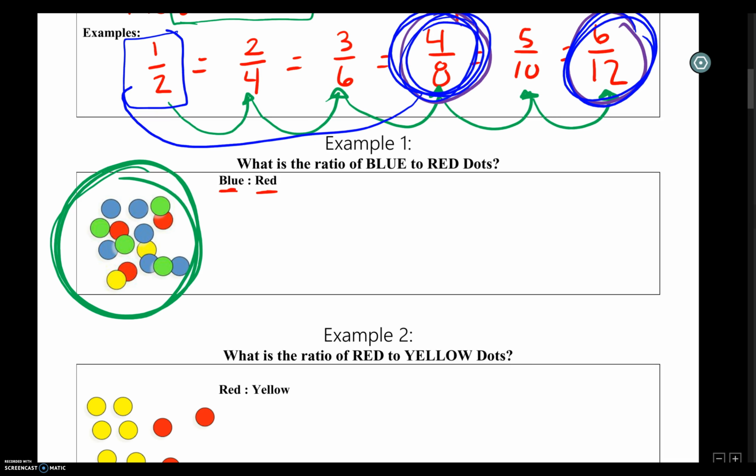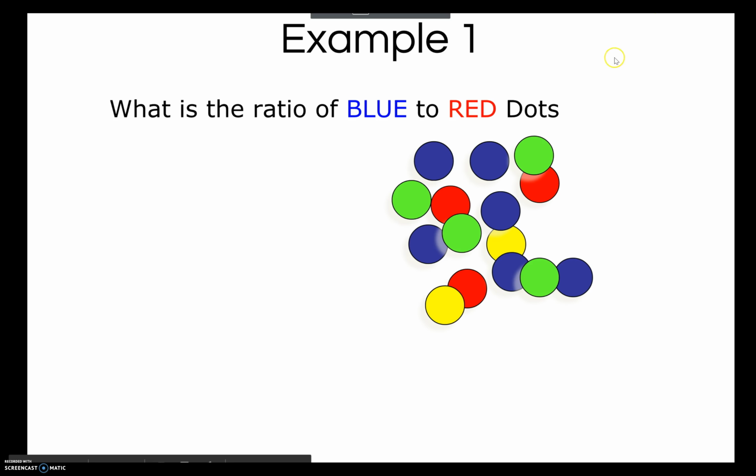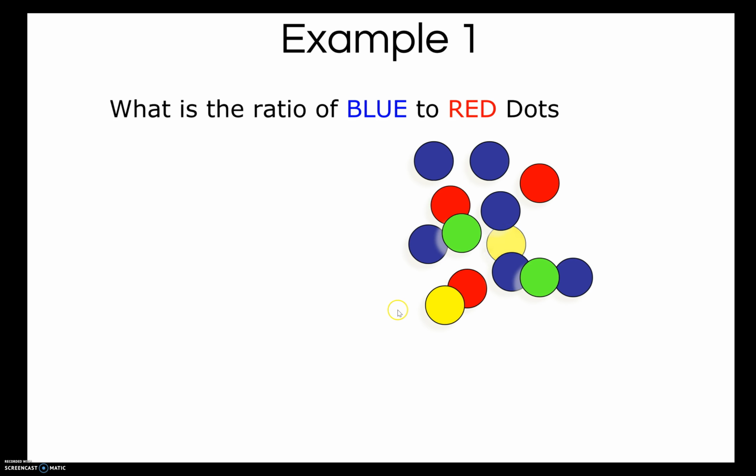Now when I look at my blue dots and my red dots, I'm going to pull up our presentation here. Now we can start counting all the blue dots. 1, 2, 3, 4, 5, 6. We also have some yellow and some green in there. Here's what's happening. I'm going to take away the yellow and the green, and now I'm just left with blue and red.